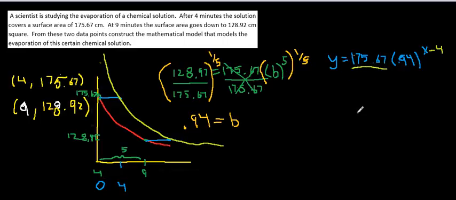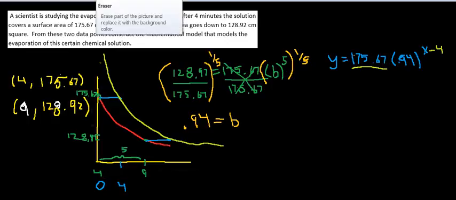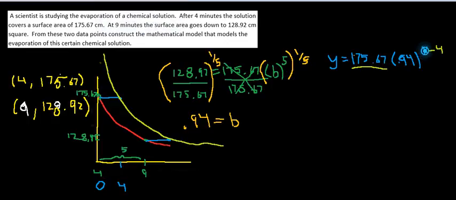To get that, we want to know what is our y-intercept, our initial starting value, when x is 0. So we take this x and make this 0.